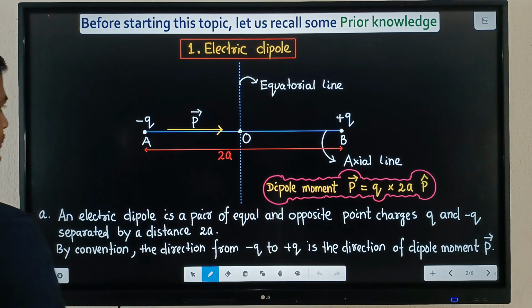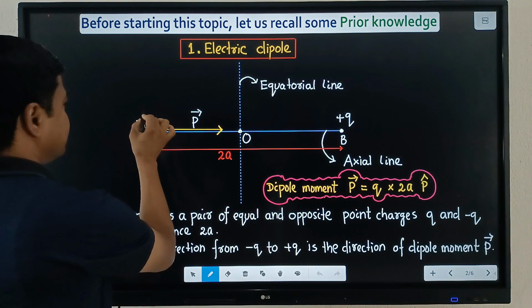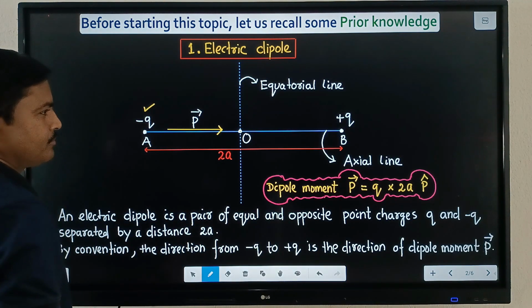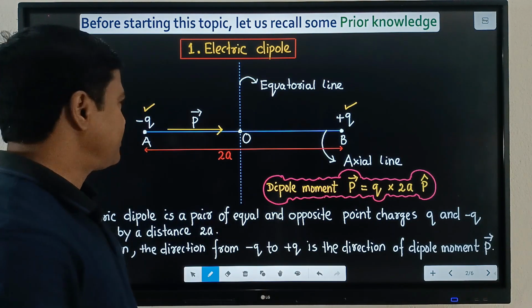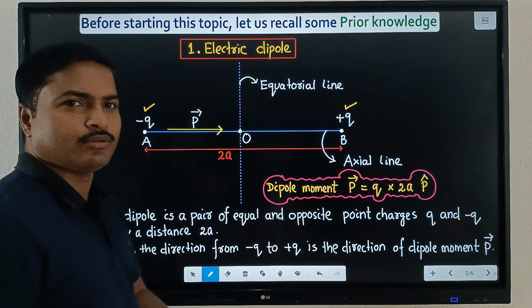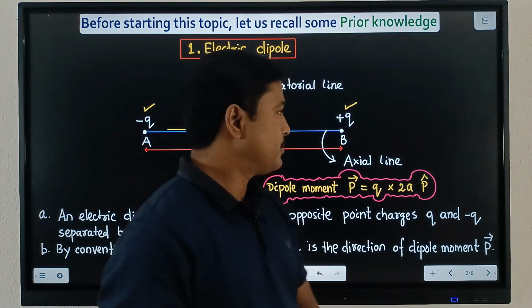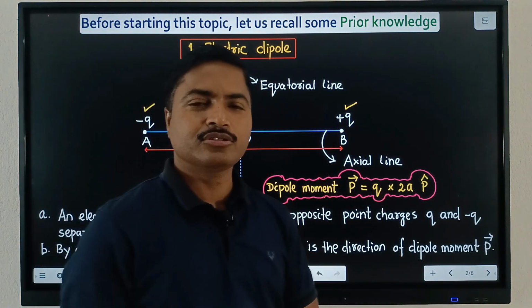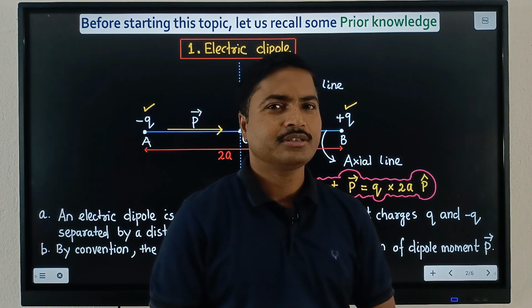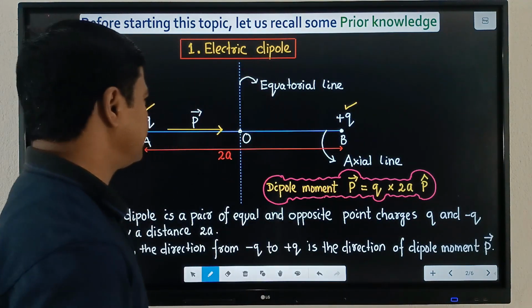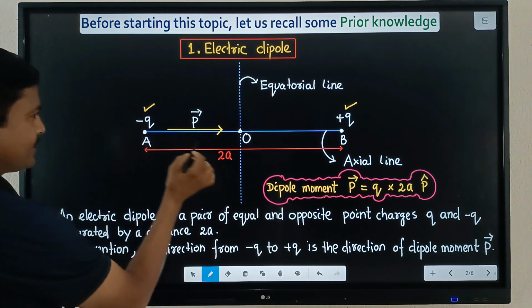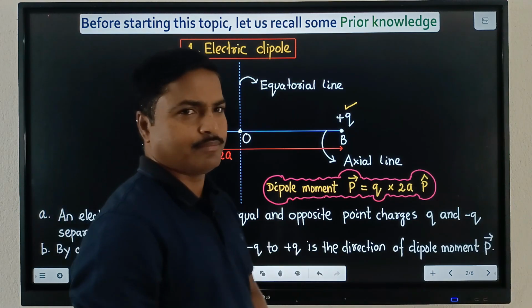Electric dipole means here we take two charges, one is minus q and another is plus q, and the magnitude of the first charge is q. The magnitude of the second charge is also q. That means both charges have the same magnitude but opposite nature: one is negative, another is positive.